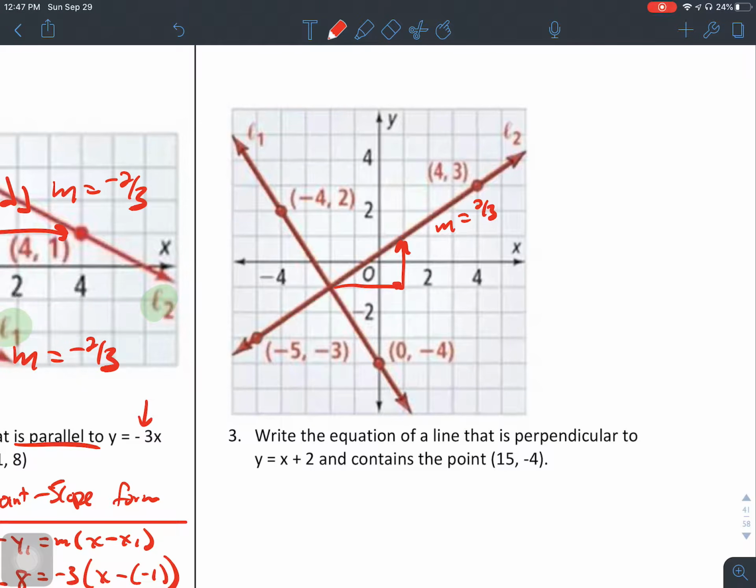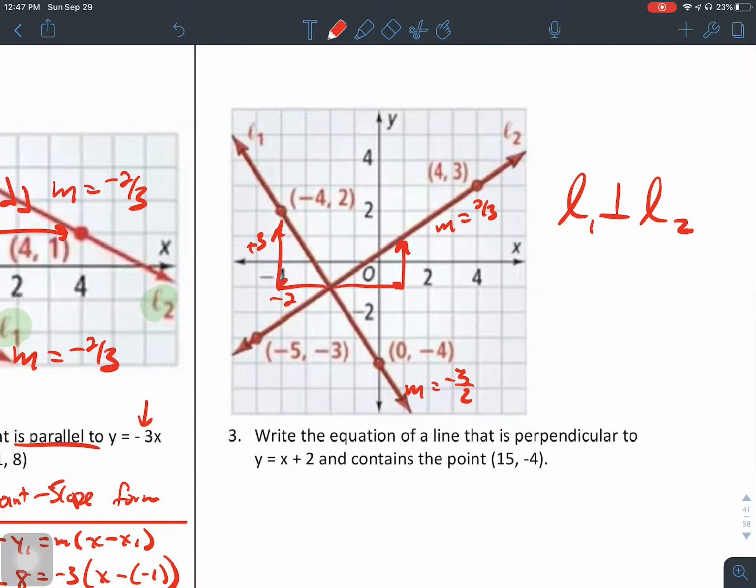It looks like this one goes left 2 and up 3. So its slope is negative 2/3. Scratch that. Negative 3/2. Those are negative reciprocals. We can conclude from this that L1 is perpendicular to L2.